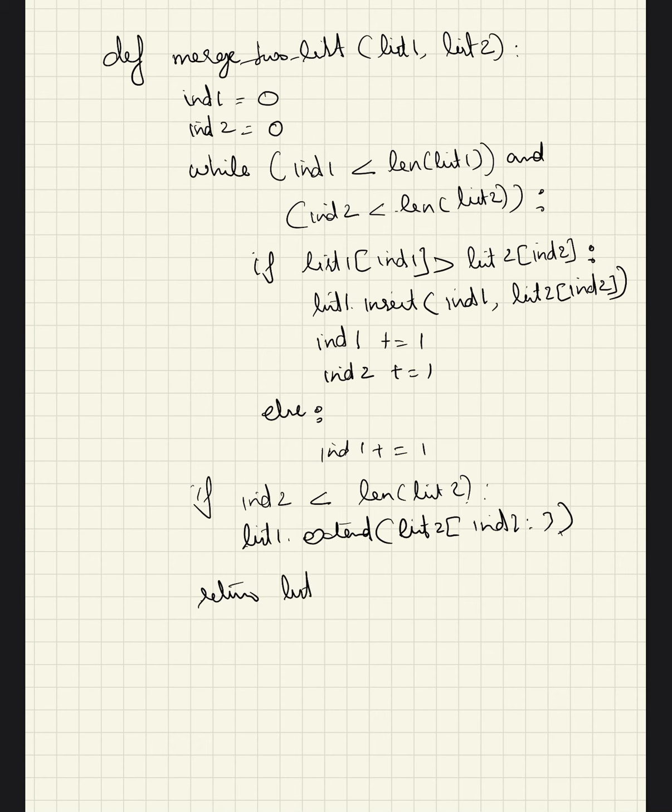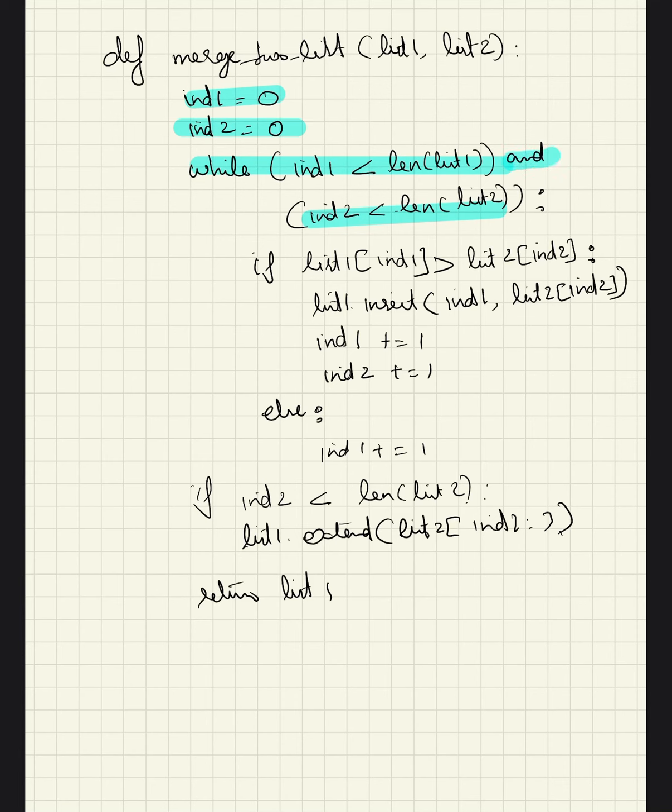We finally return list1. So just to go over some fundas here again. We have the index pointers initialized to zeros. That's the first point. We have 2 pointers, one for each list. We have an exit condition which would terminate if we have completely traversed one of the lists, either list1 or list2.